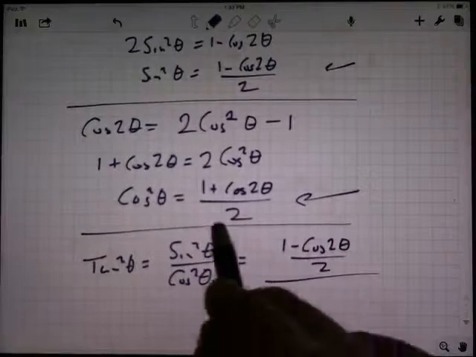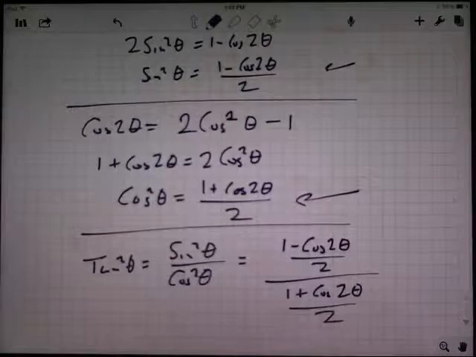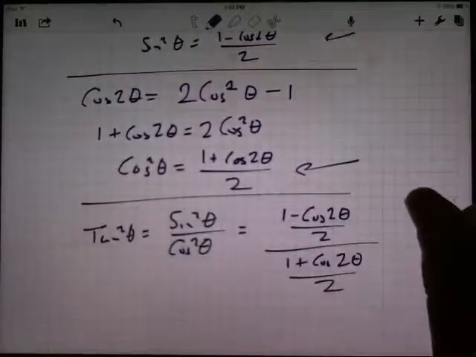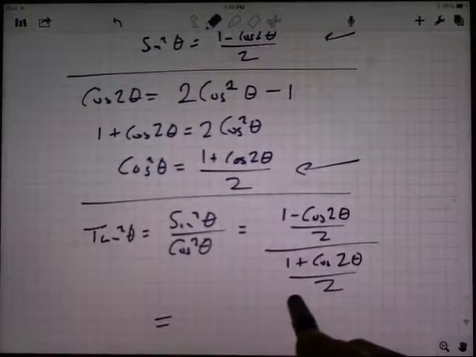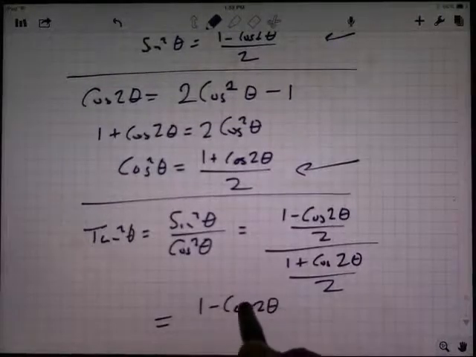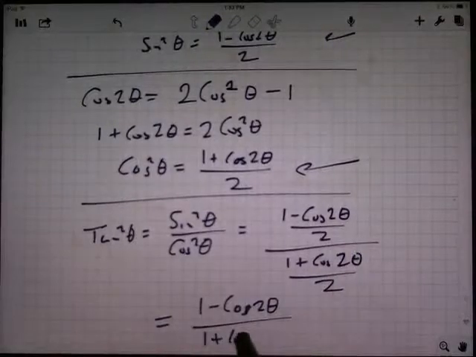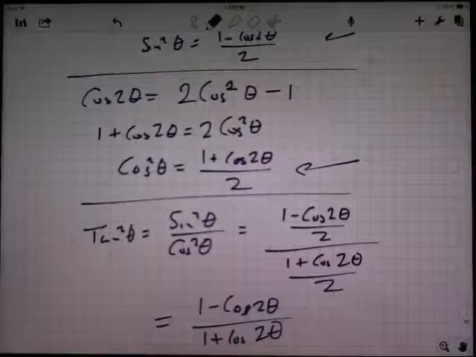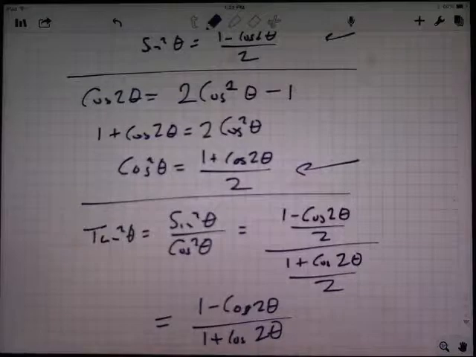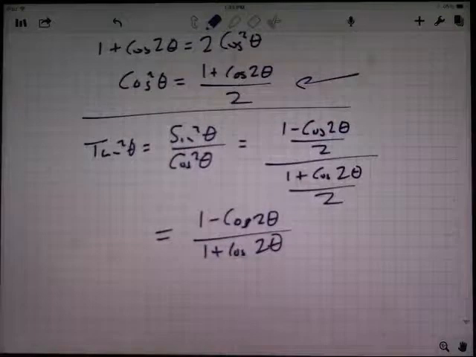And the cosine squared theta on the bottom is 1 plus the cosine of 2 theta divided by 2. And when I invert and multiply with that fraction there, the 1 minus the cosine of 2 theta stays on the top. The 2's cancel out, and the 1 plus the cosine of 2 theta ends up on the bottom. So there is a power reducing formula for the tangent.